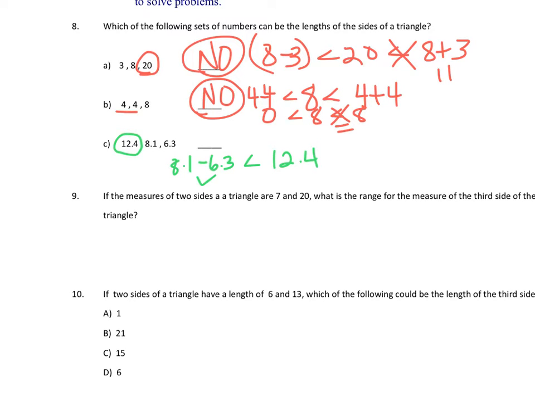So is it less than 8.1 plus 6.3? That's 14.4. So yes, it is. 12 is less than the sum of the two smaller sides. The biggest side is less than the sum of the two smaller sides.